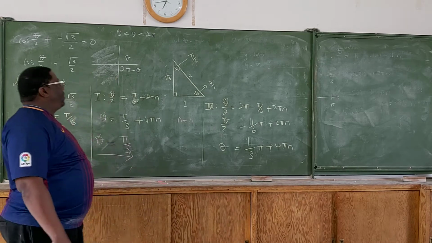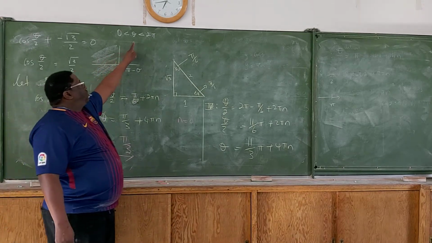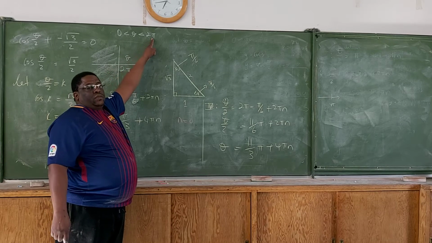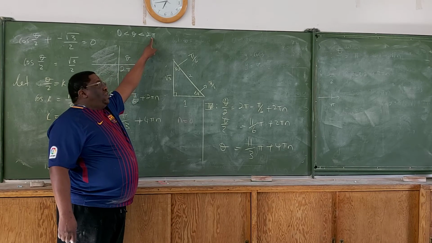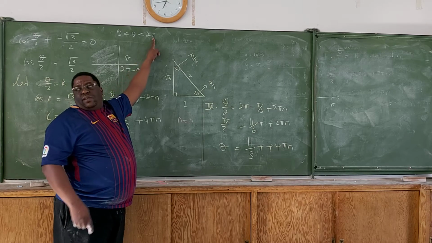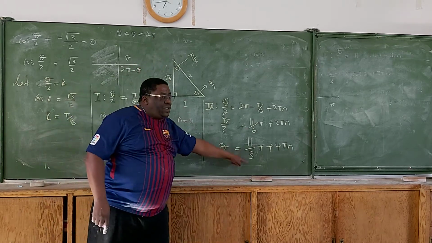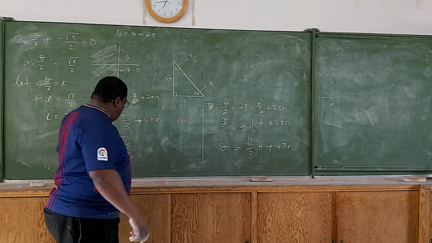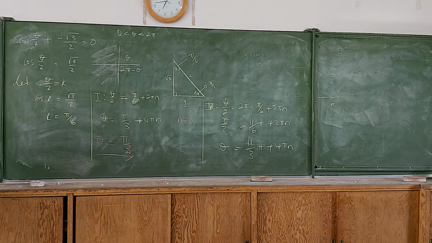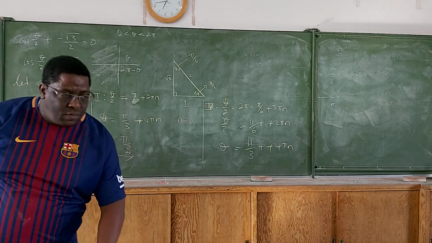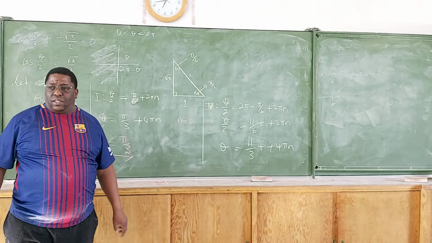What is our domain? 2 times 3 is like 6, right? Isn't that so? This is going to be beyond 6. So only one answer. You get it? So therefore it only has one, as I was indicating when we were doing that. So far so good?